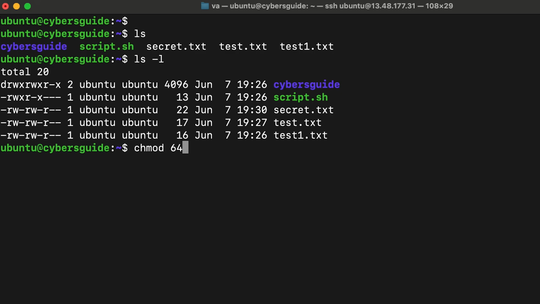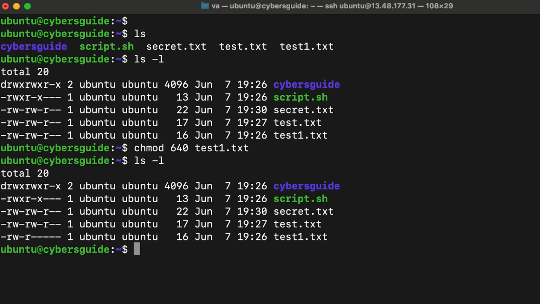A sample permission string would be chmod 640 and the name of the file, for instance, test1.txt, which means the owner has read and write permissions, the group has read permission, and all other users have no rights to the file.